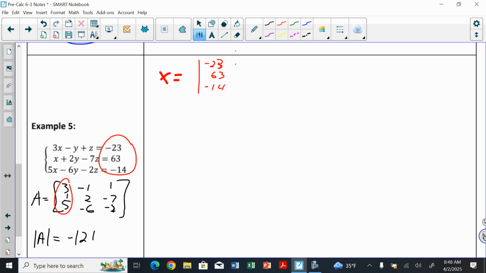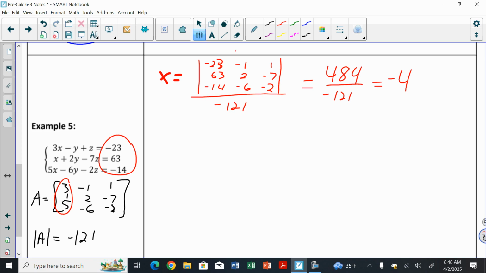And then the next two columns stay the same. Find the determinant of that, put it over negative 121. And again, I'm saving time by not showing you work on that. 484 is your determinant here over negative 121. That divides evenly, negative 4.